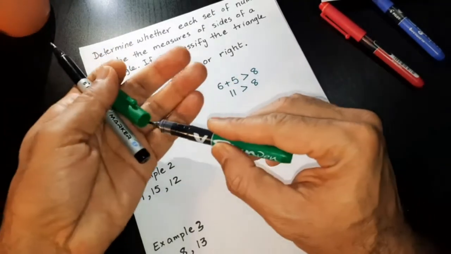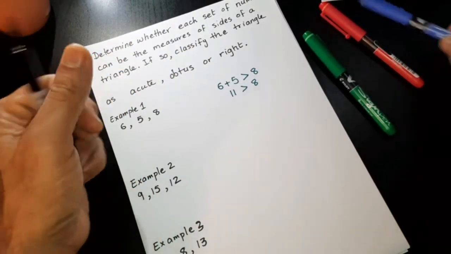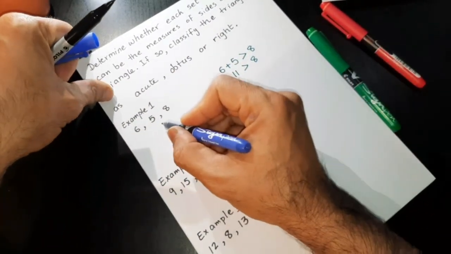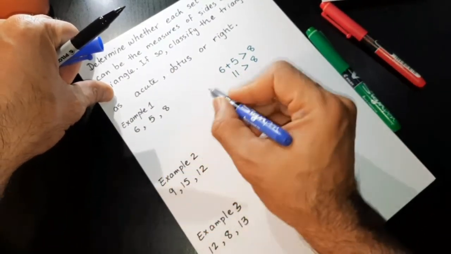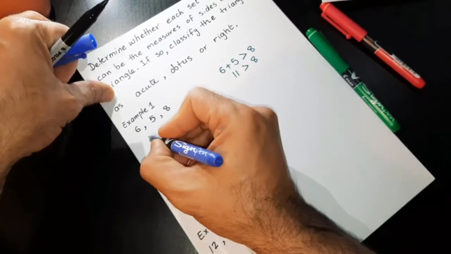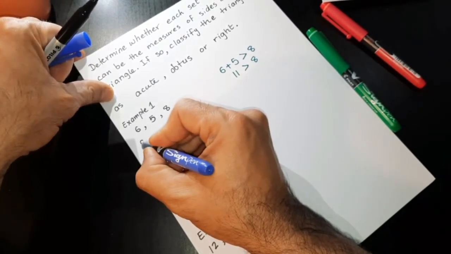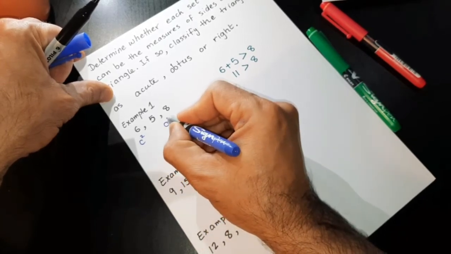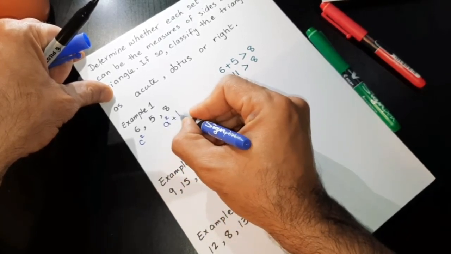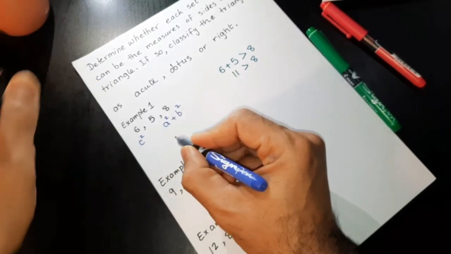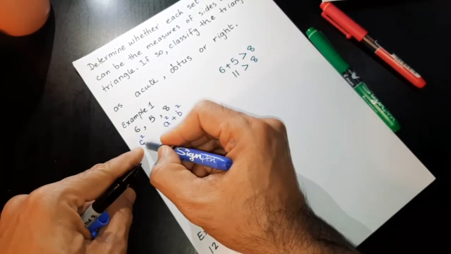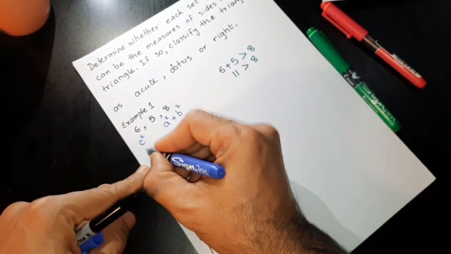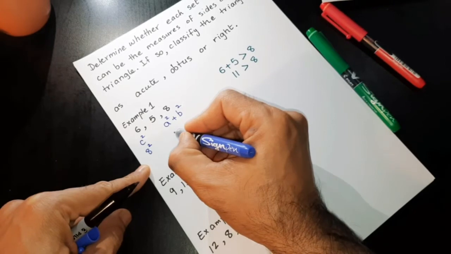Okay, so start with the theorem again. This time we are going to be comparing the C squared and the sum of A squared and B squared. So here we have C squared. I'm not going to put any sign between them, and the other side is A squared plus B squared. So C has to be the longest one. So longest is 8 squared.